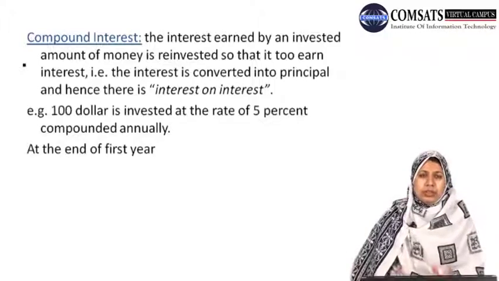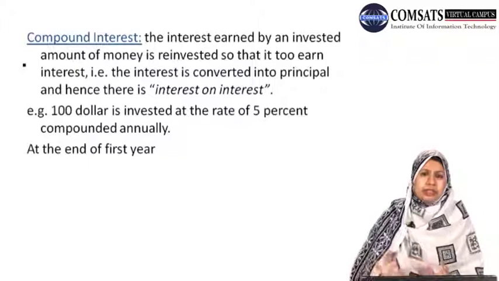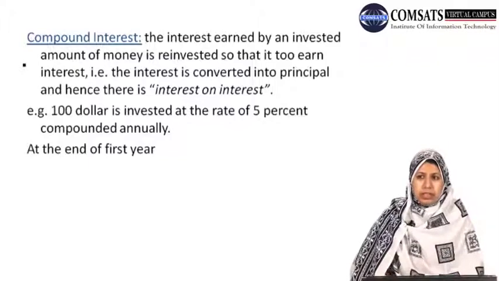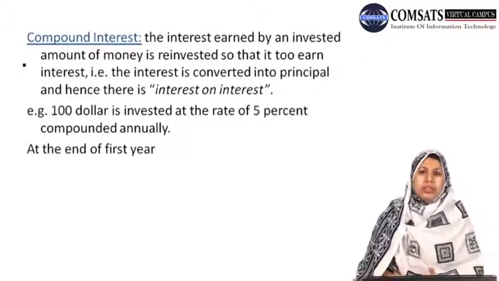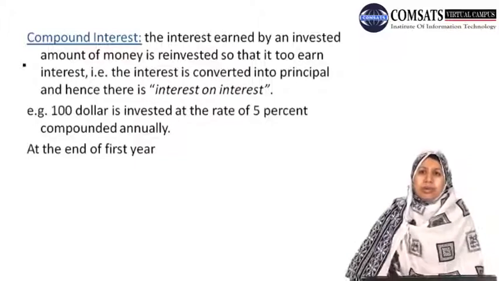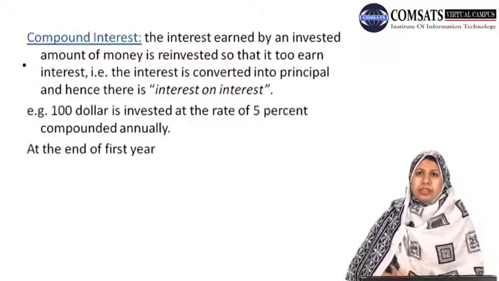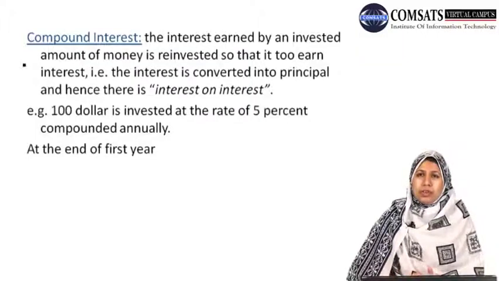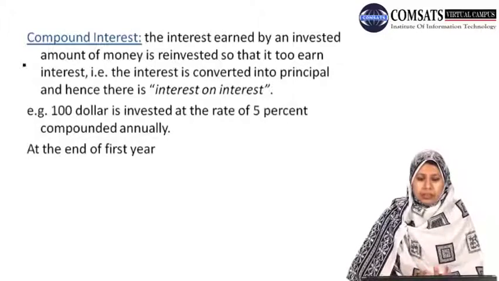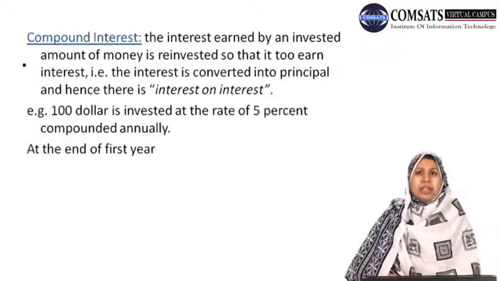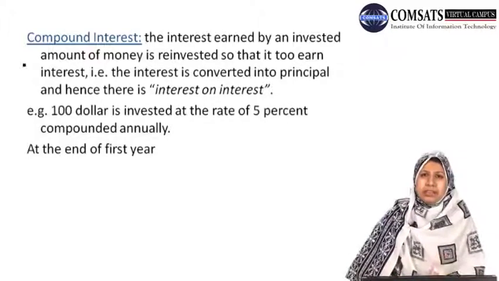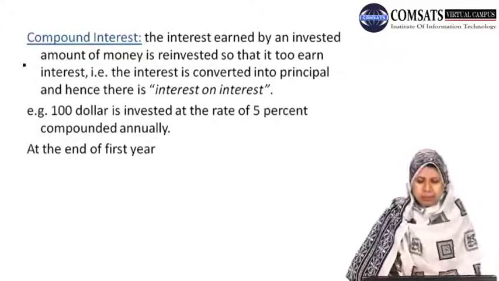What do you do with your 105? You put that 105 again in the bank for 1 year, and now you will obtain interest on your new amount, which was 105 rupees. That is, now you are obtaining interest on your amount which has already obtained interest. So compound interest is nothing but obtaining interest on interest.